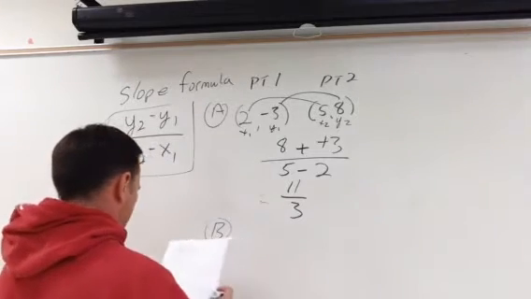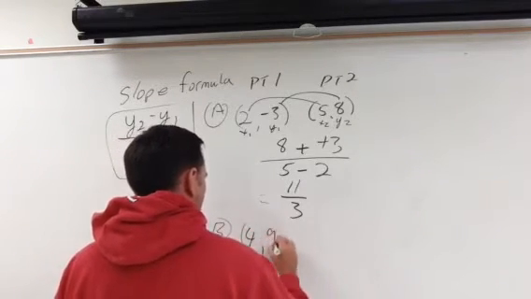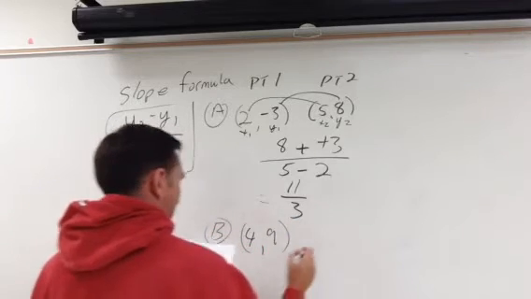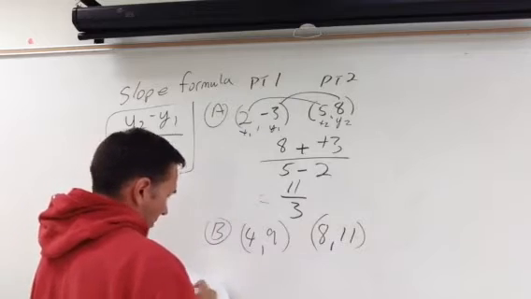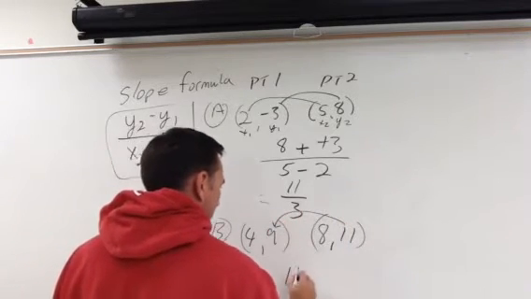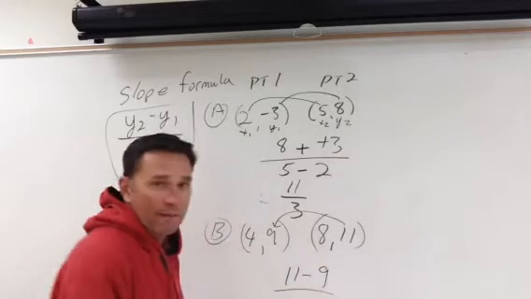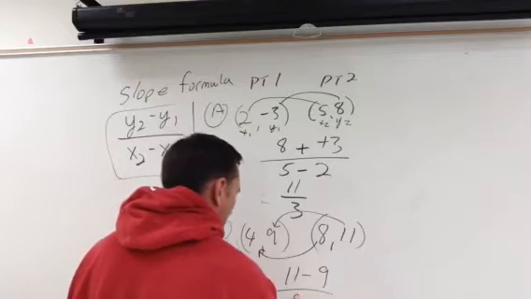Second problem is 4, 9, and going through 8, 11. So subtracting again, 11 minus 9. The y values on top. 8 minus 4 on the bottom.